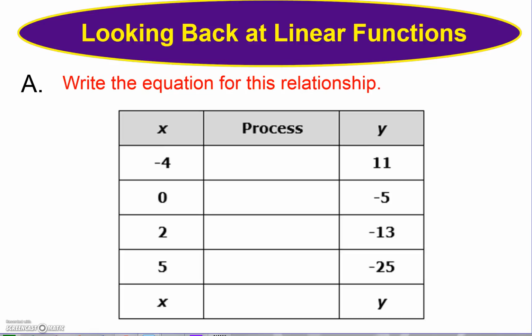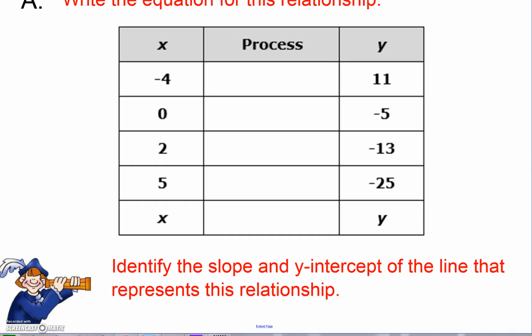So let's practice. Write the equation for this relationship. First things first, find the change in y over the change in x. So how did I get from 11 to negative 5? That's going to be minus 16. All right.